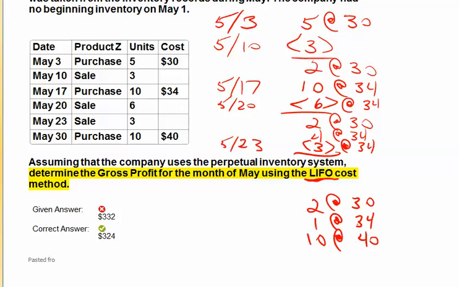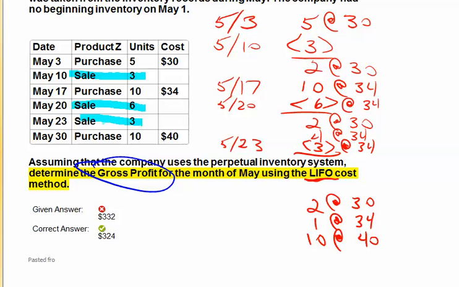Now the question that they've asked me to compute is, what's my gross profit? So I've got to figure out my sales. My total sales, I can get that number. I have 3, I have 6, and I have 3 more that I sold.